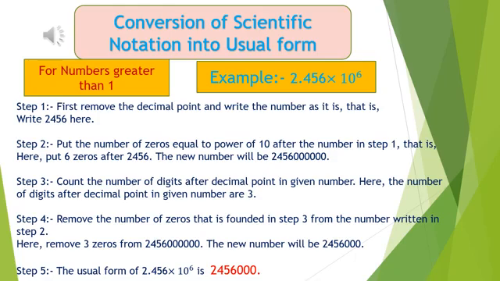It means you will remove 3 zeros. So your new number will be 2456000. So the usual form of 2.456 multiplied by 10 raised to the power 6 will be 2456000. See how easy the conversion is.